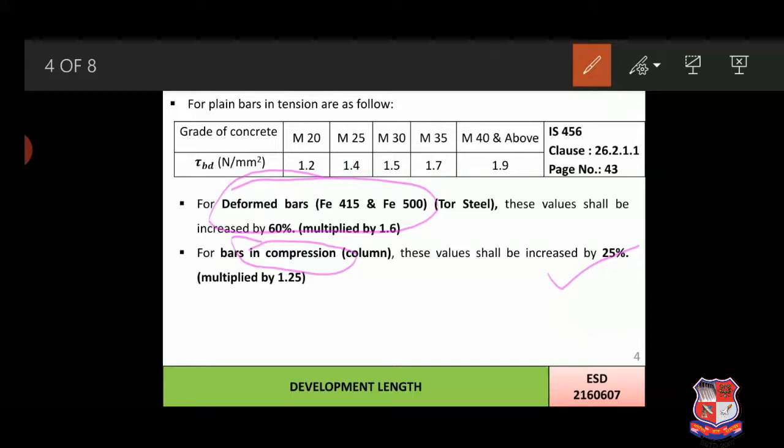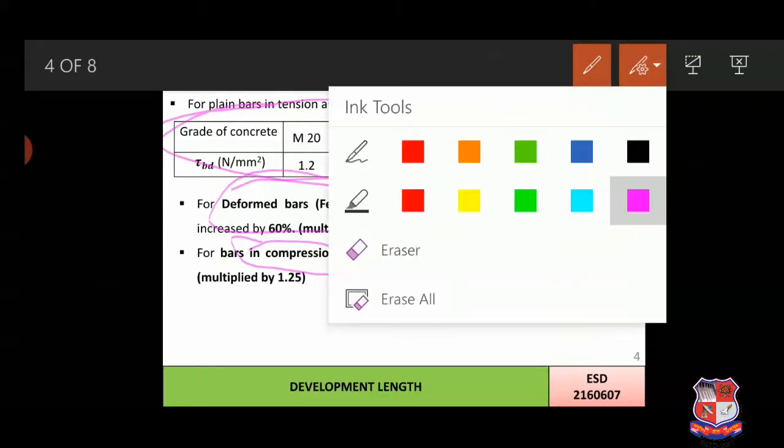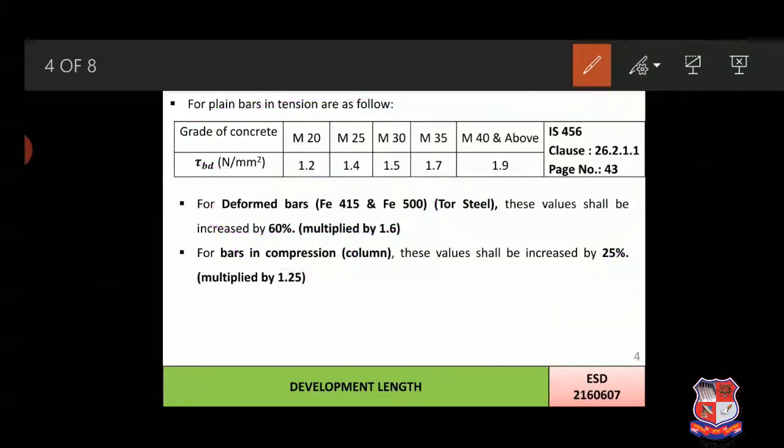So basically it states that when the bar is in tension and it is of Fe250, or we can say plain bar or MS bar, we can directly follow this table of the IS code. But when bars change from tension to compression, values will be increased by 25%, and when bar changes from plain bar to HYSD bar, it will be increased by 60%.